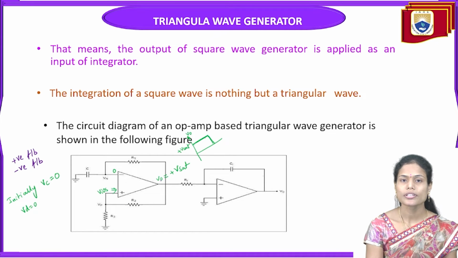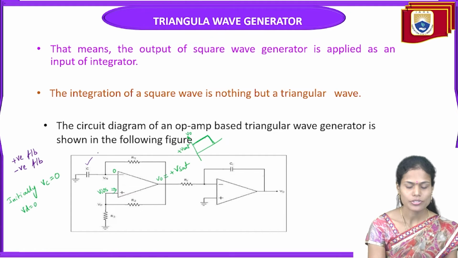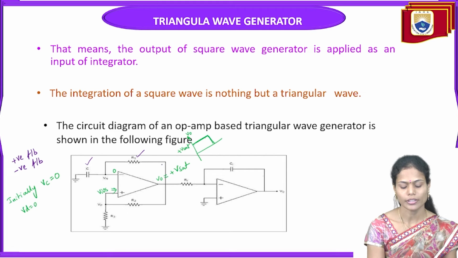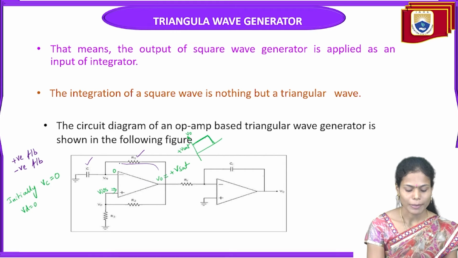Once the output reaches plus Vsat, the capacitor C starts charging through the resistance R1.